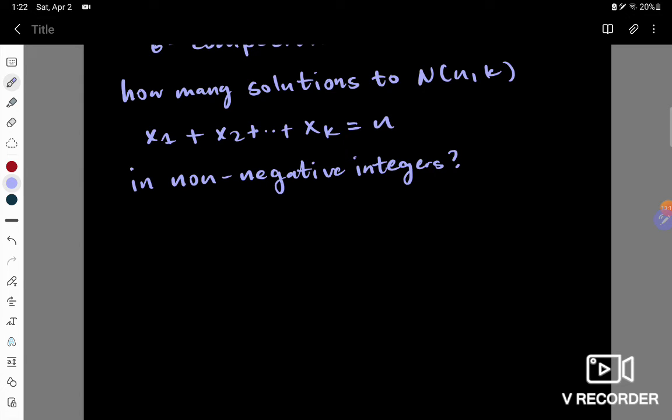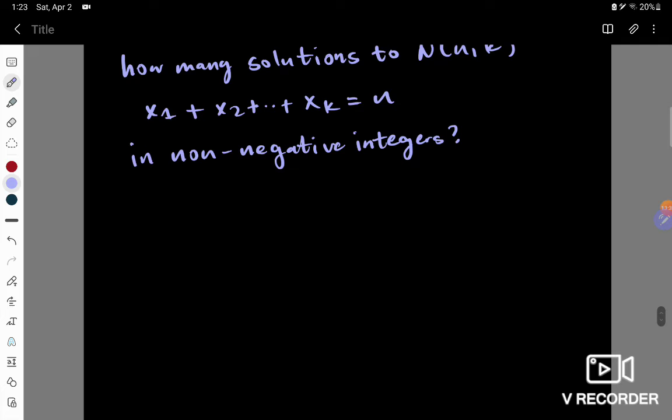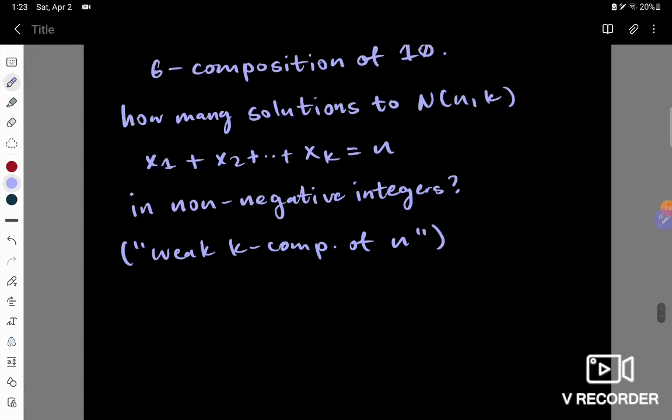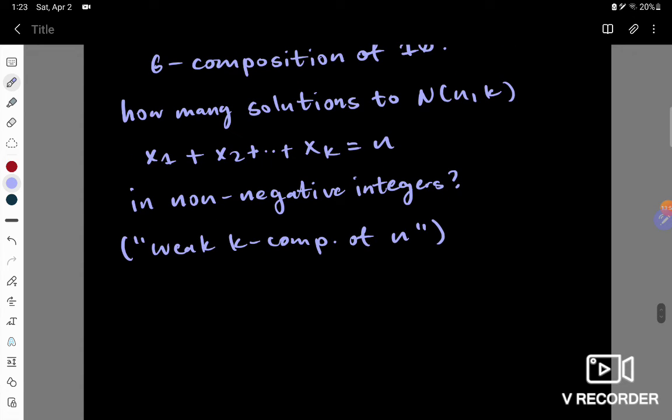Okay, so we want to solve this Diophantine equation, so to speak, of k indeterminates on the left-hand side, and then some number n, which is a very general type of equation, really. So this is called a weak composition, or a weak k composition. And it's called a weak k composition due to the non-negative instead of strictly positive.